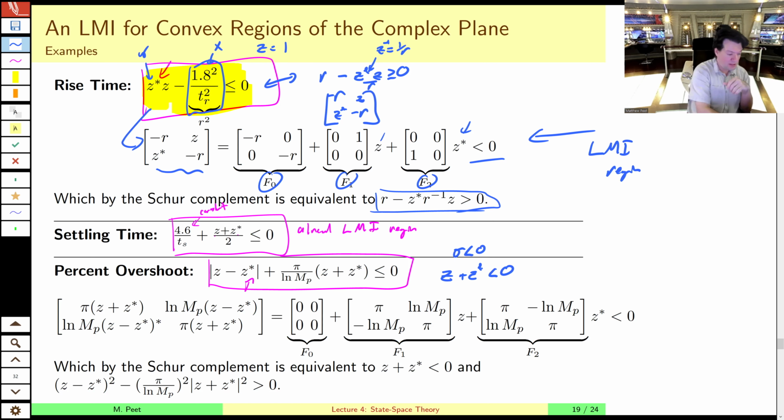Assuming Z star is less than 0, this is negative definite if and only if this matrix here is negative definite. And I'll go through the derivation a little bit on the next slide.